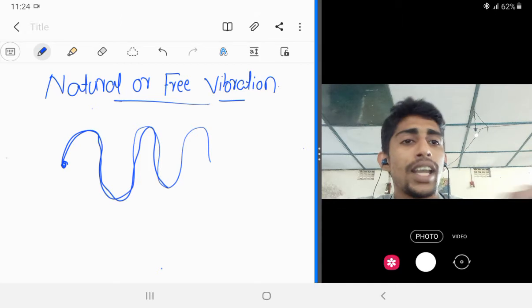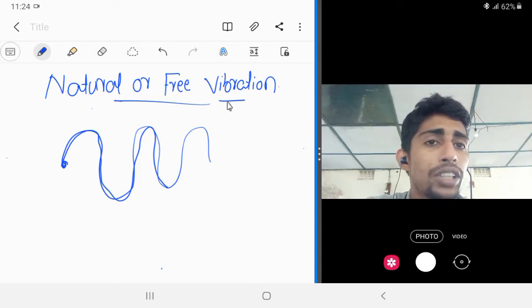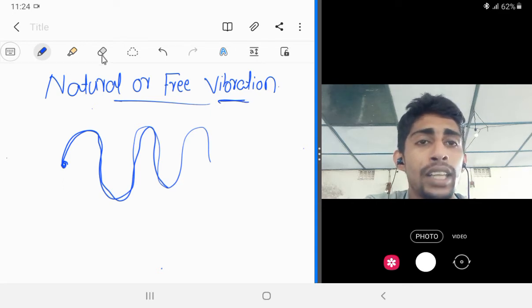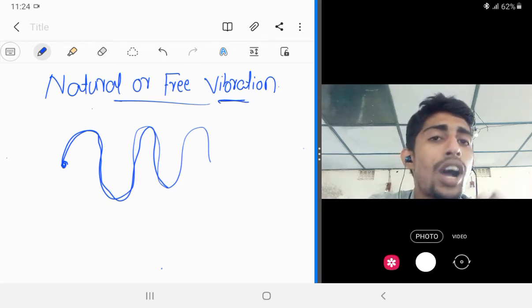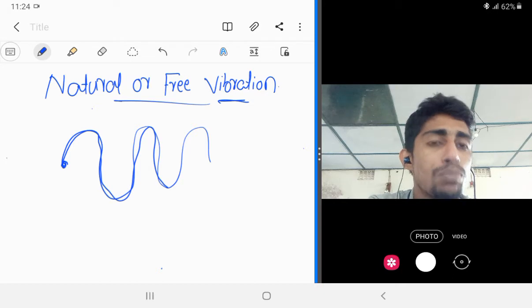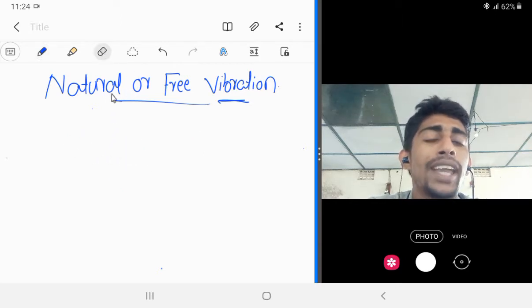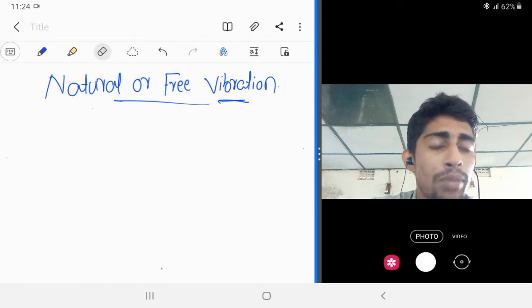So there is an up and down motion. It is a vibration only. Now we understood how the sound is related with the term vibration. We can say that sound is moving as a wave by the vibration. Clear? Then we have to study the term natural or free vibration.